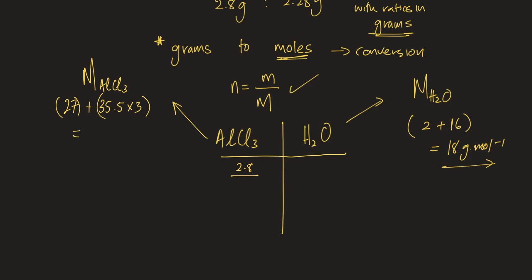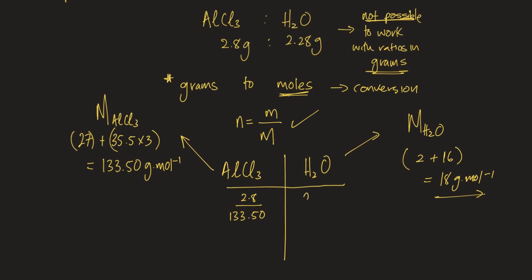And I've got here 133.50 grams per mole. So 2.8 divided by 133.50 and 2.28 divided by 18.